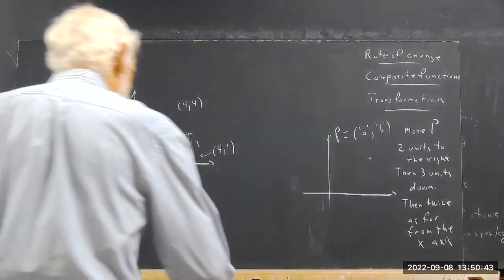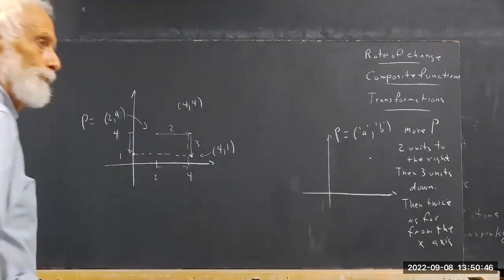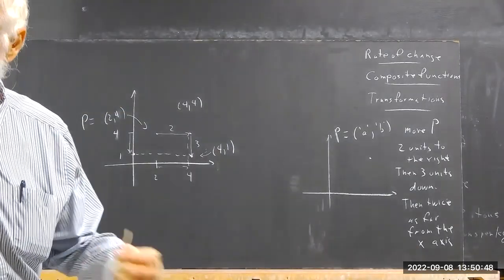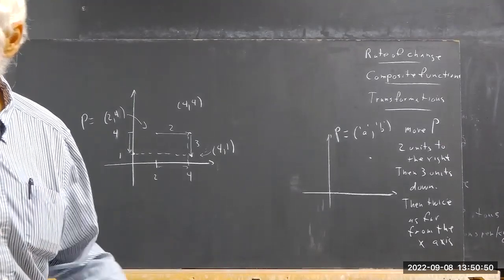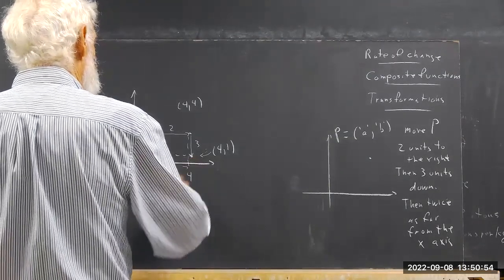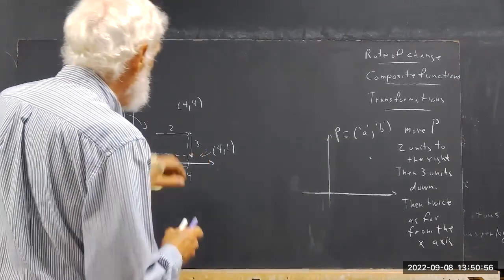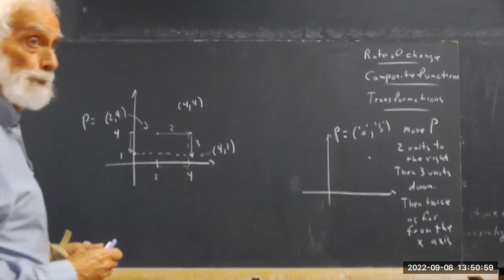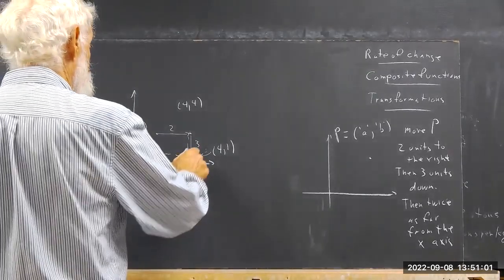Then I've got to move it twice as far from the x-axis. Now, we did this last time, moving things twice as close and twice as far. So it should be pretty obvious what to do, but just in case. Well, this thing is now 1 unit from the x-axis. If I move it twice as far, it's going to be 2 units.